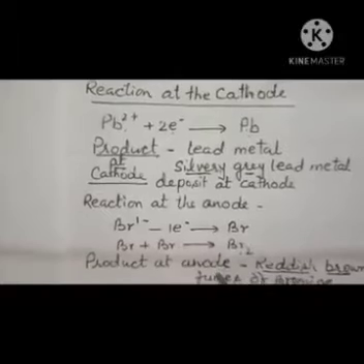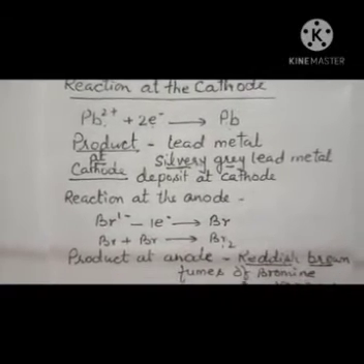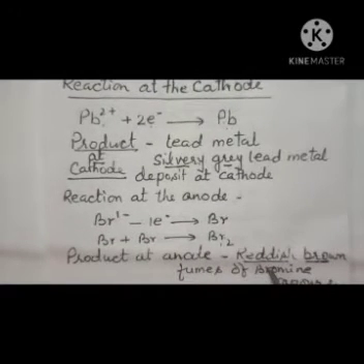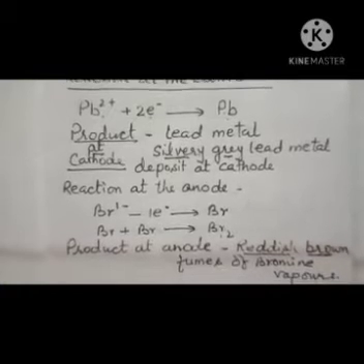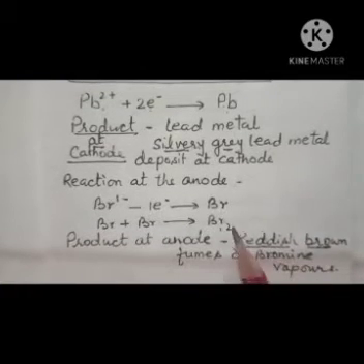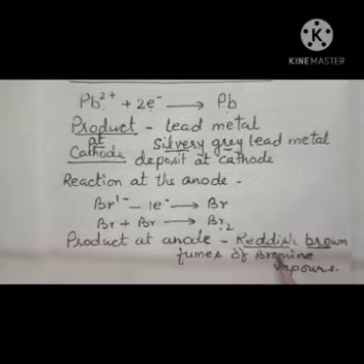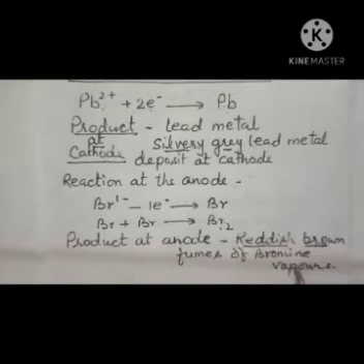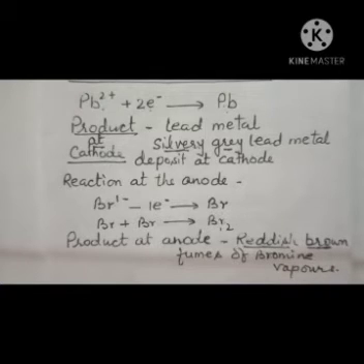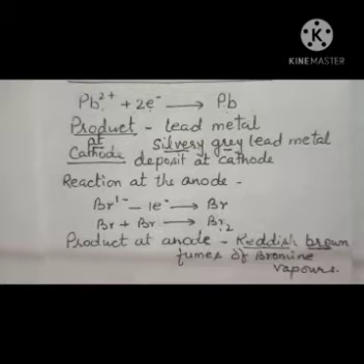So what is the product at the anode? Reddish brown fumes of bromine vapors are produced at the anode, right? So what do you observe at the anode during electrolysis of fused lead bromide? That is reddish brown fumes of bromine vapors. Understood?